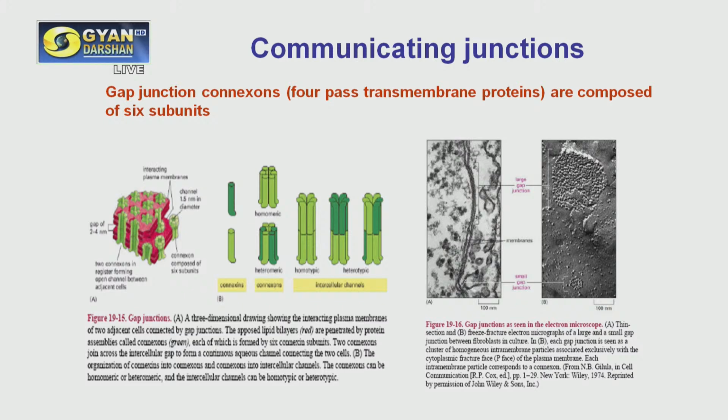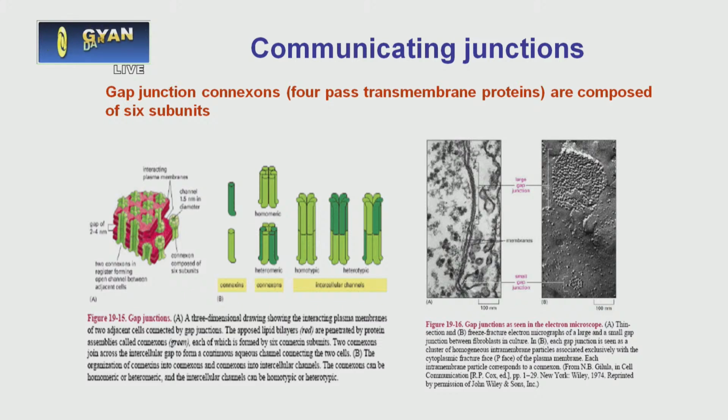And you can see in the diagram, which is shown in green, that there are three different kinds of pattern. One is totally light green, one is a light green, deep green combination. What does it mean? It means that the subunits can be of the same type.